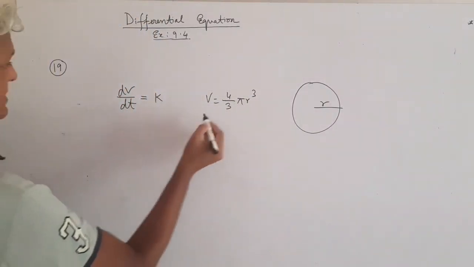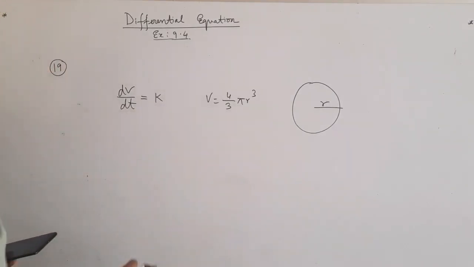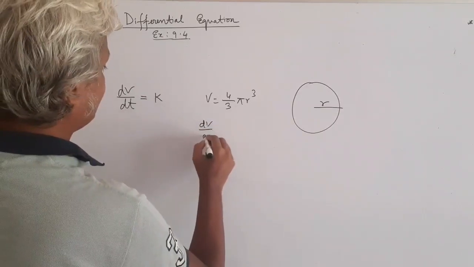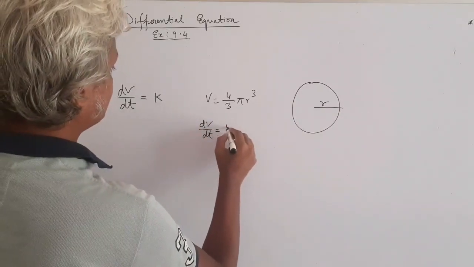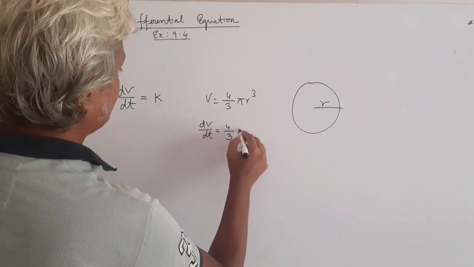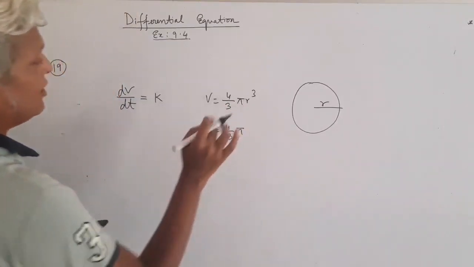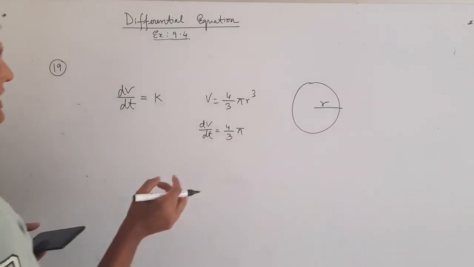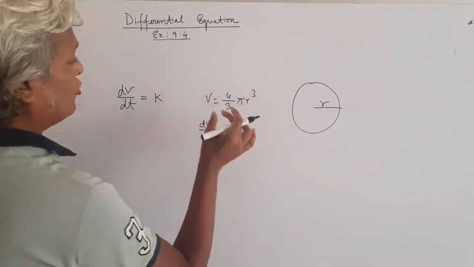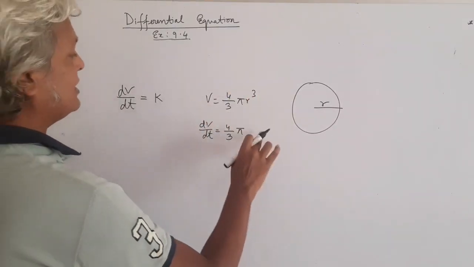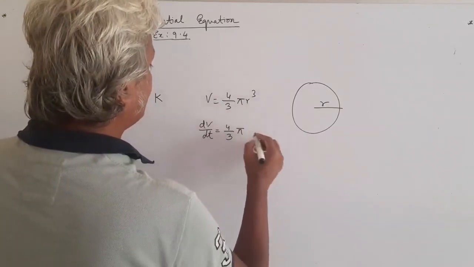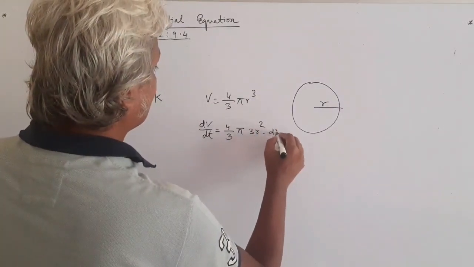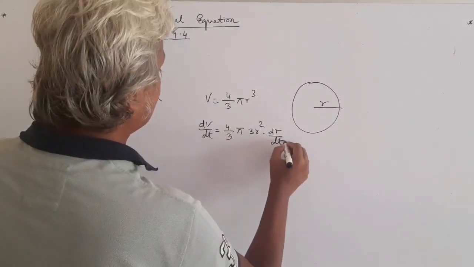Now if I differentiate this with respect to t, what do you get? dV by dt is 4 by 3 pi. Now we have to differentiate r cube with respect to t. So we differentiate r cube with respect to r and then multiply by dr by dt. So r cube becomes 3r square, times dr by dt.